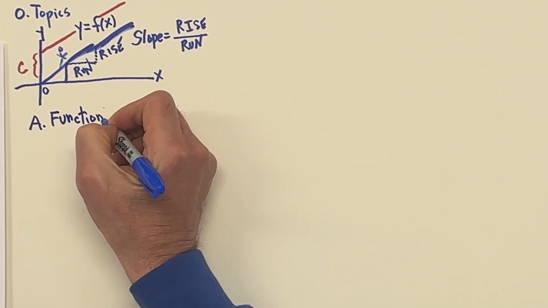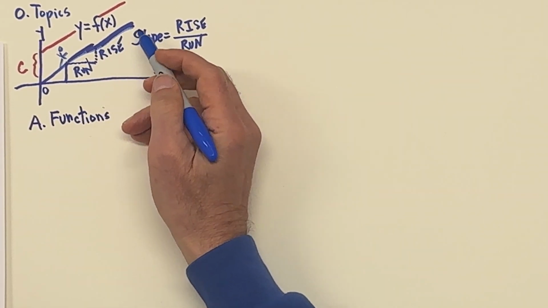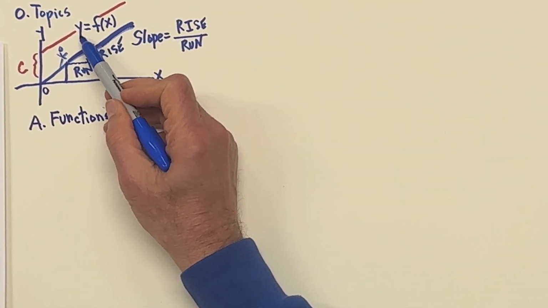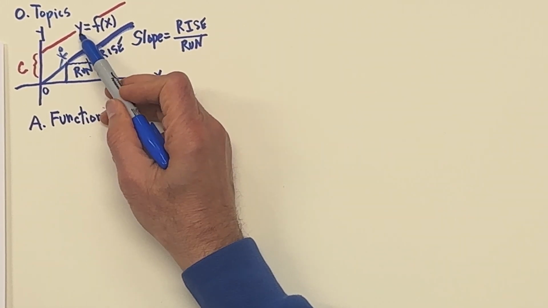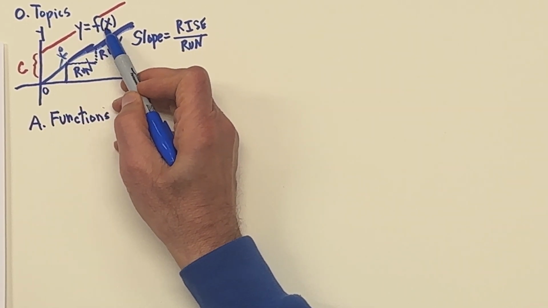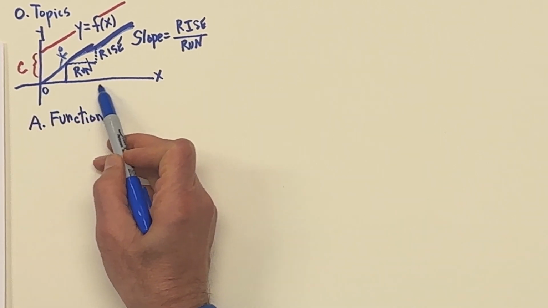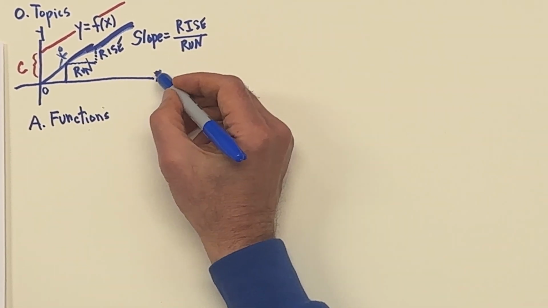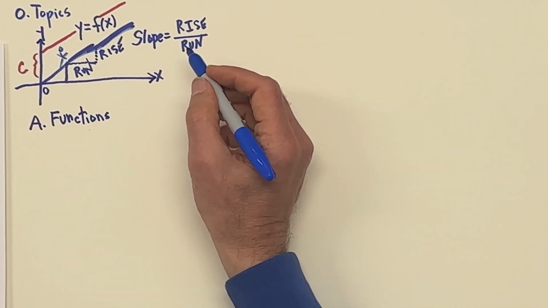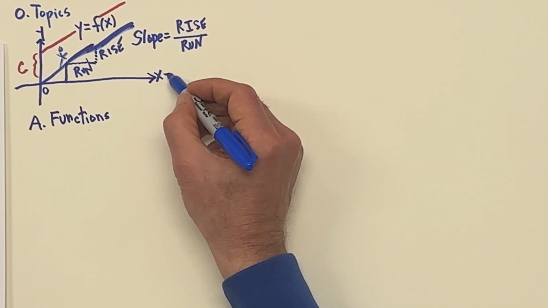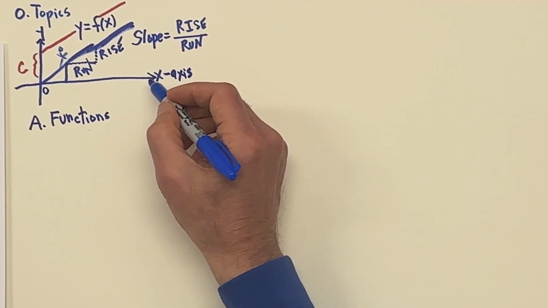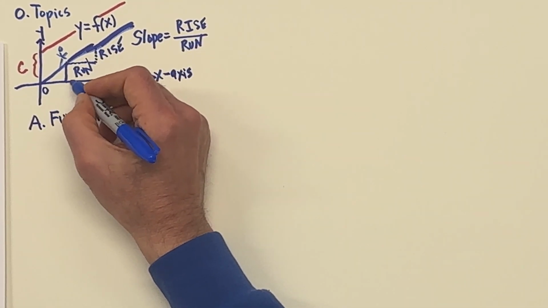In the introduction, I mentioned function f of x, that stands for function, and we let the values be represented along the y-axis. We say y equals f of x, and then this is the x-axis. Sometimes you see an arrow here, an arrow there, and this really means x-axis, and the specific values of x would be along the axis.